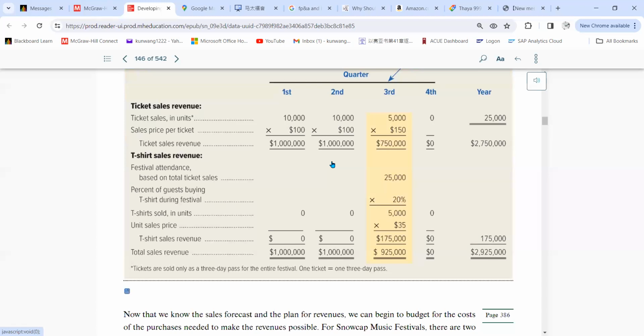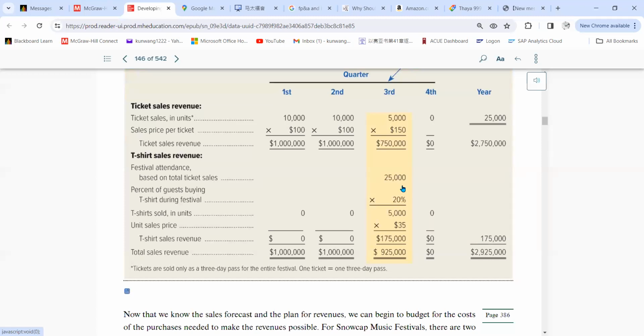So later when you're preparing the cash receipt budget, you need to combine the sales budget with your credit policies. I believe in our music case, they allow 25% down payment and then 75% collected in the next quarter. Okay, that's the case. We examine the cash receipt later before the cash budget.